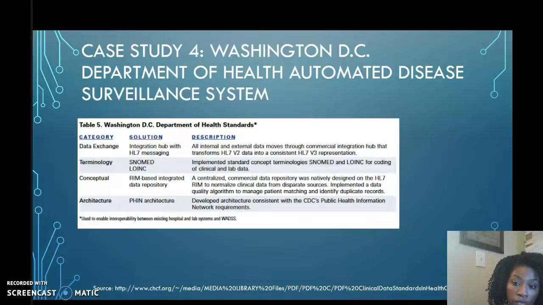A challenge for this project is that the hospitals that this trickled down to were reluctant to use an electronic interface for fear of losing control of the data, which we'll talk more about in this presentation, and barriers. And the standards that were applied to the project here: the data exchange standard, terminology, conceptual standards, and the architectural.